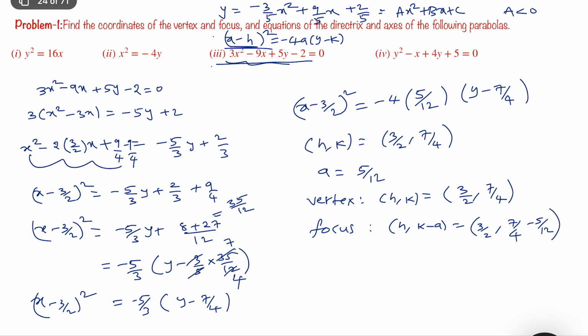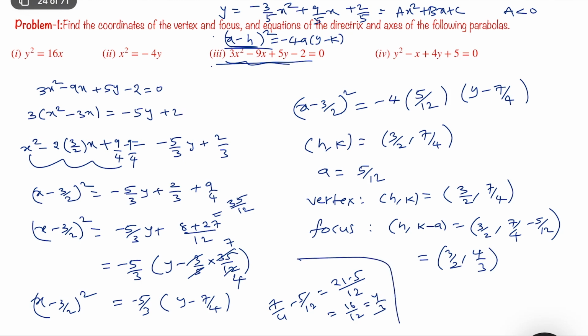So 7 by 4 minus 5 by 12 simplifies to 21 minus 5 by 12, which is 16 by 12, that will be 4 by 3. So 3 by 2 comma 4 by 3, that's the focus.